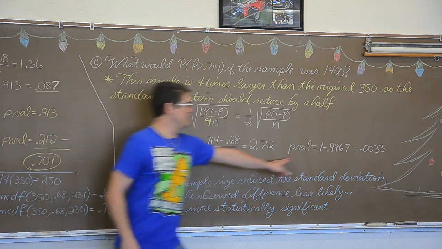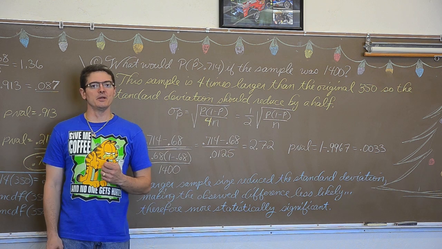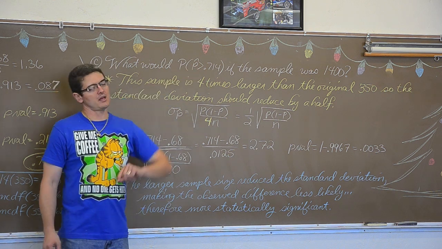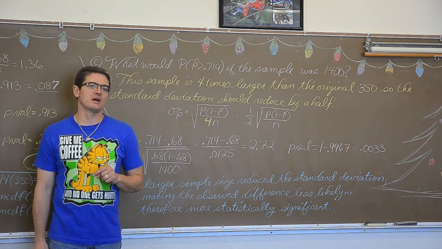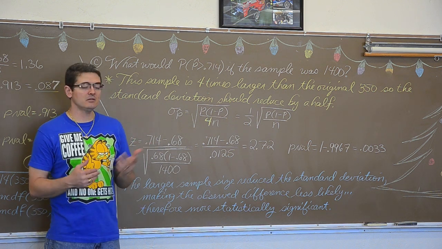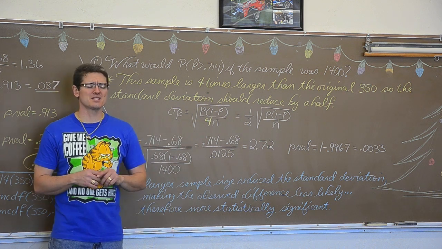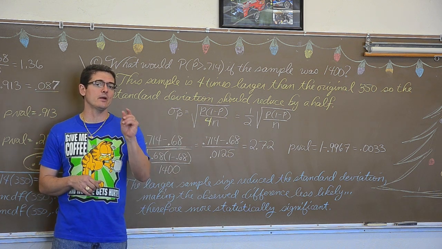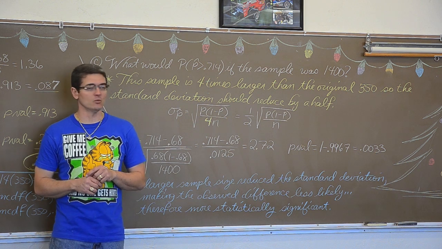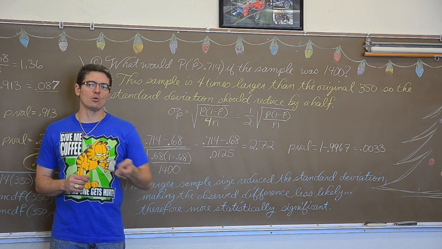That is going to decrease the area in the tail. And now I can say that the probability of more than 71.4% of my sample saying yes, they travel to see family during the holidays, assuming that the original 68% was true, is 0.33%, a very, very tiny probability.